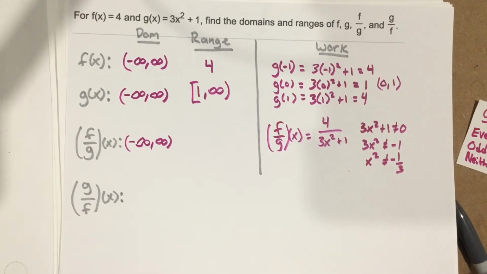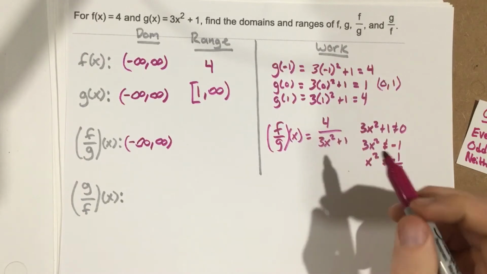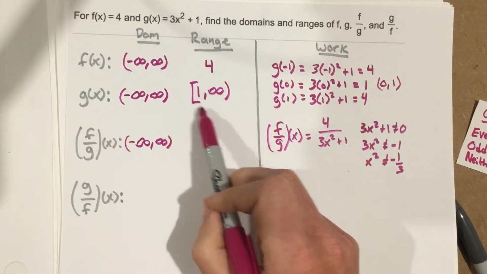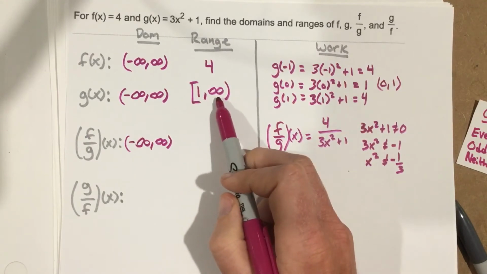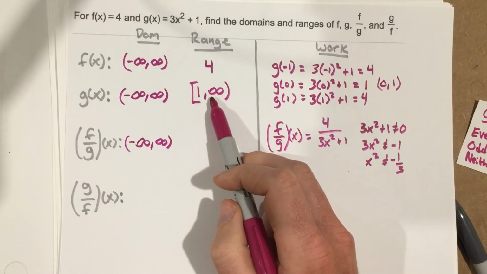Now the range value is a little bit different. So the range value, we're going to have to do a little work on this. First of all, we know that our range value for our g of x function goes from 1 to infinity. And we can actually probably just look at these two range values to come up with this.